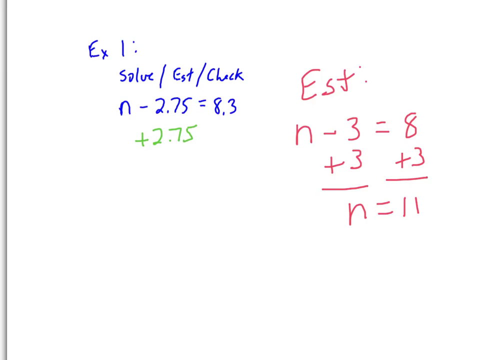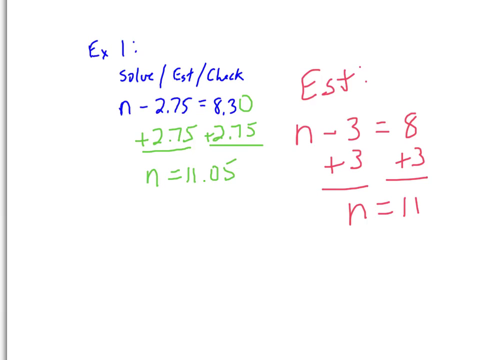I've got to do that to both sides. I'll add a 0 to that 8.3, and then I will get n equals 11.05, and that certainly looks like it matches well with our estimate.